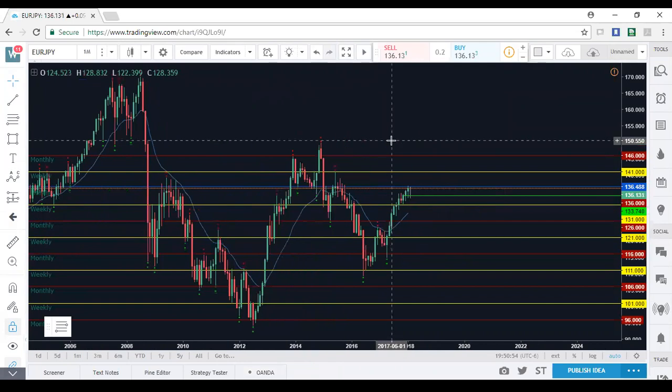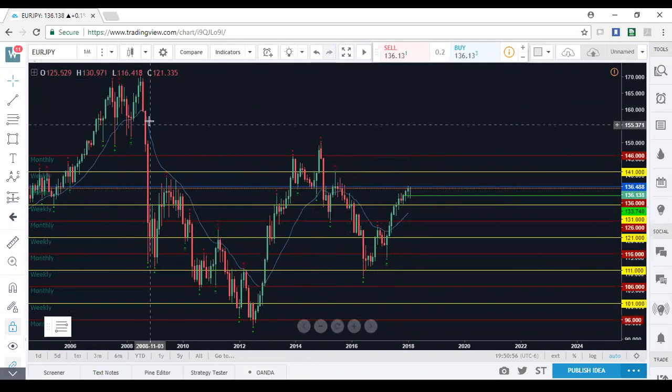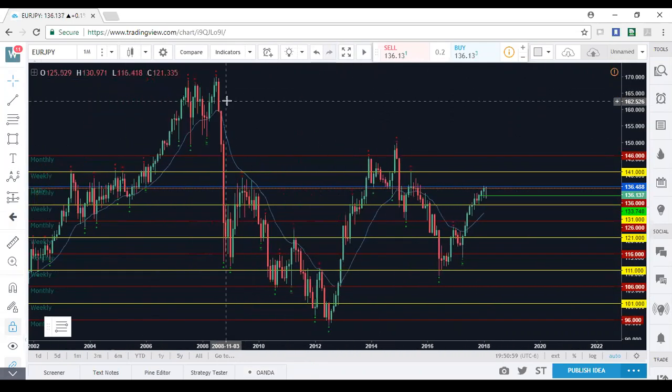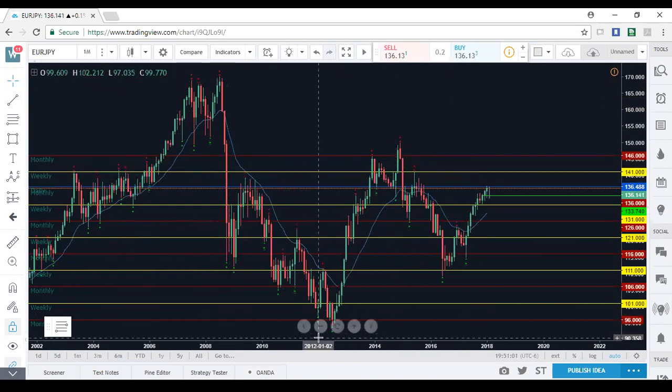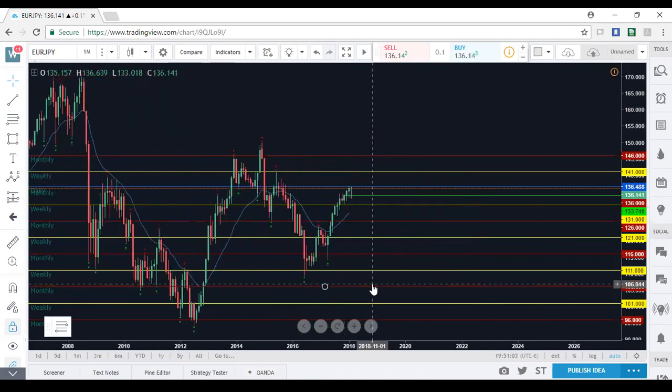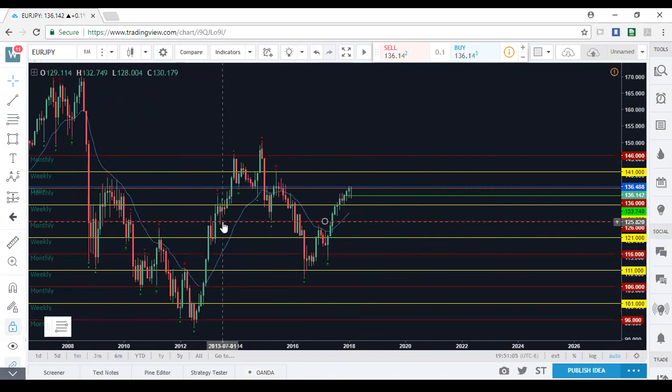So what I did when I was marking this up, I went from this low basically to this high. Starting from this low, notice that it's at a nice whole number, right? 96 even.